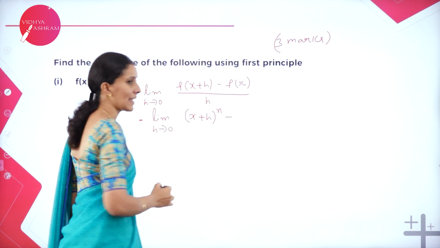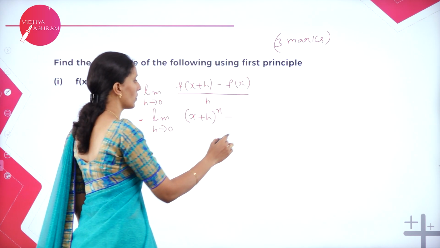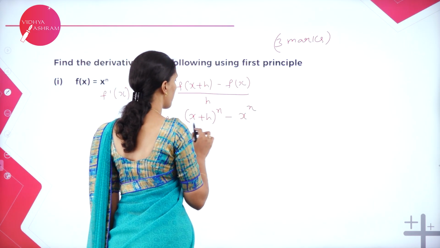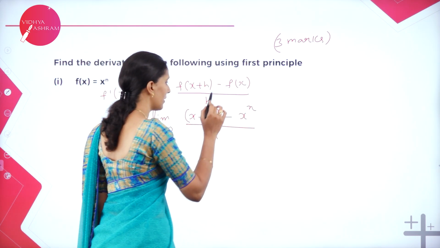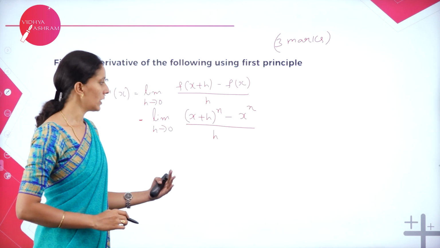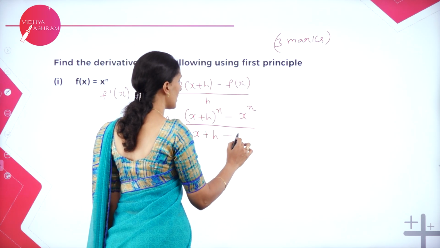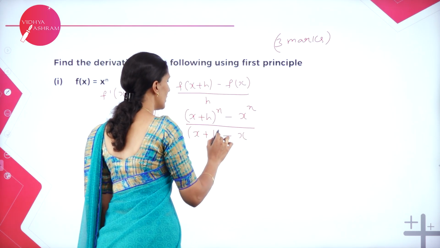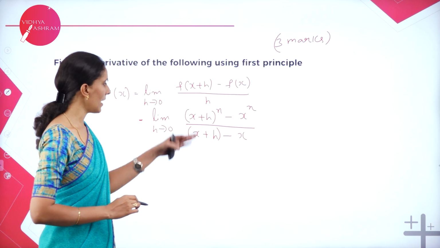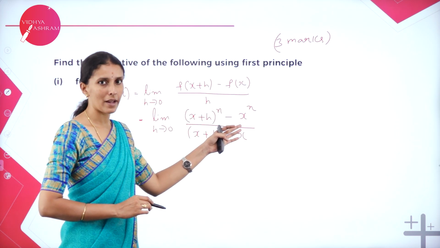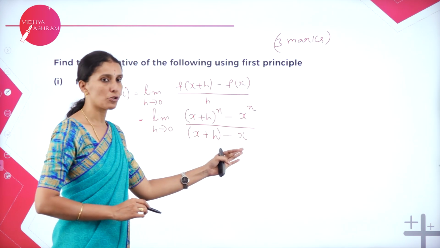Now f of x is as given here, so it is x power n. Next, divided by h. What I'll do here, I will add x and subtract x so that it looks the same, like x plus h whole power n minus x power n, divided by x plus h minus x.